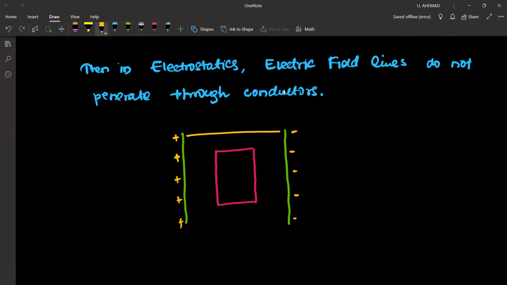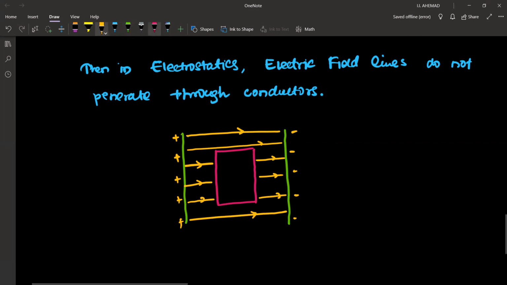So these will be the electric field lines. There are no electric field lines through this conductor. What is the reason? It's easy.